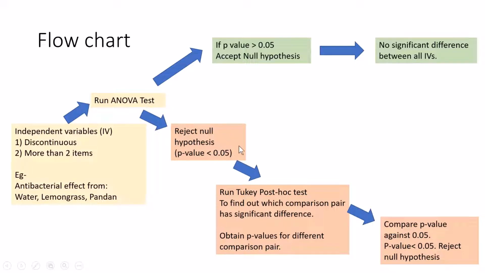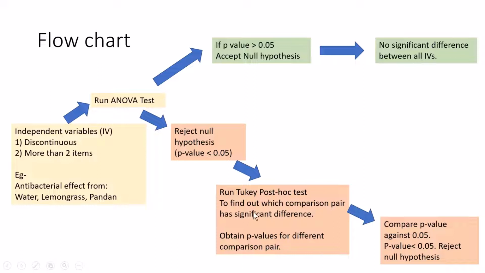That means that amongst all the comparison groups, for example, water compared with lemongrass, water compared with pandan, and lemongrass compared with pandan, at least one of these comparison pairs has a significant difference.